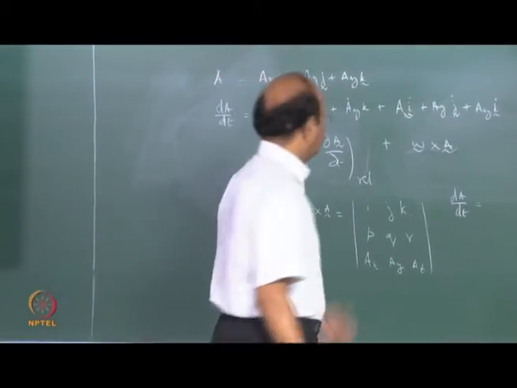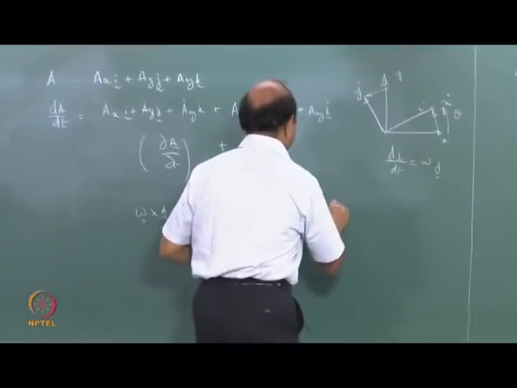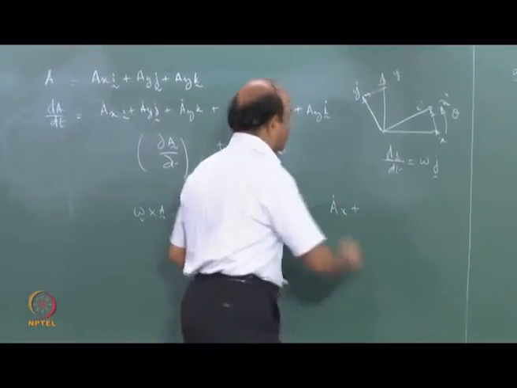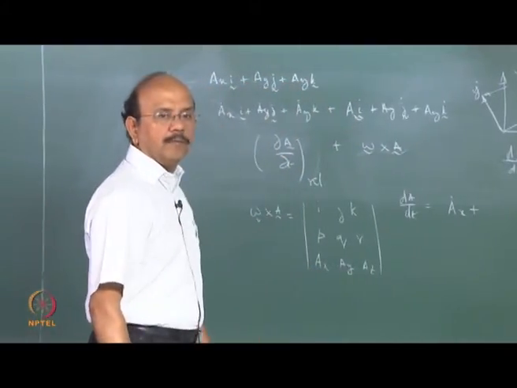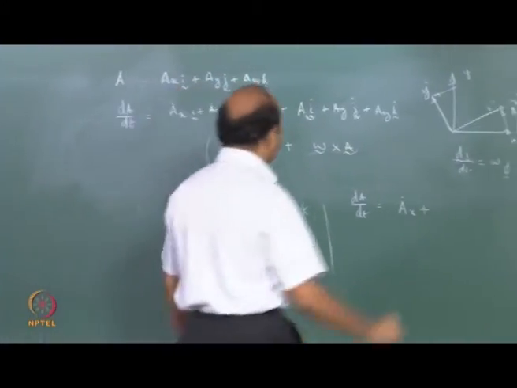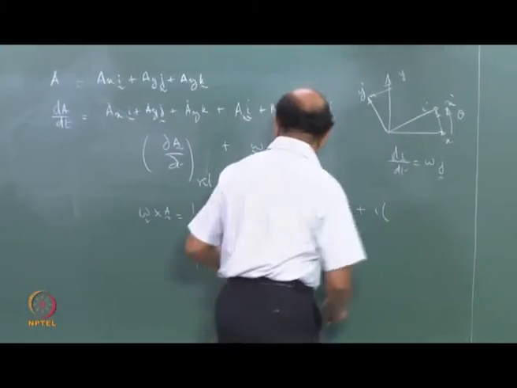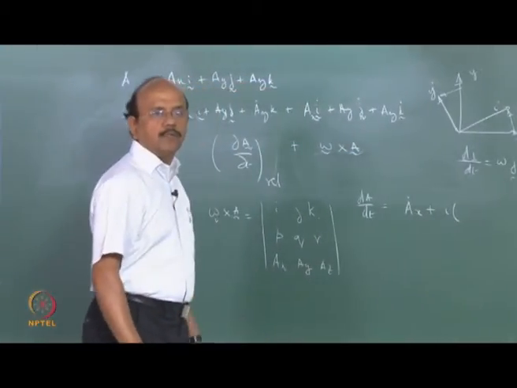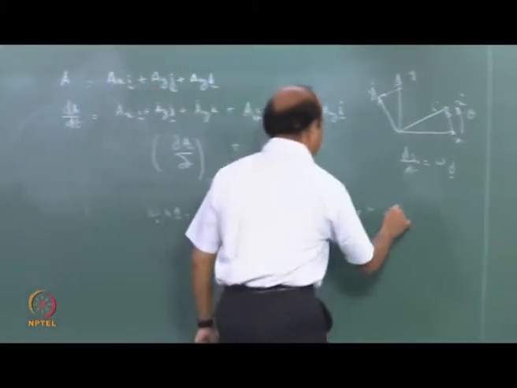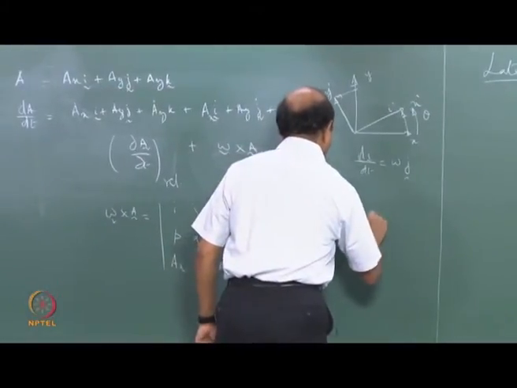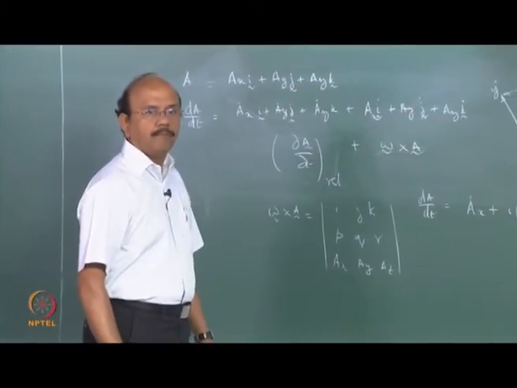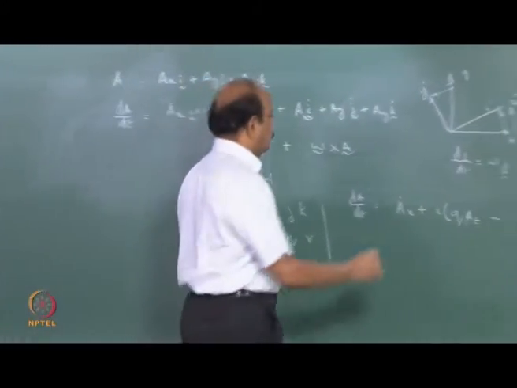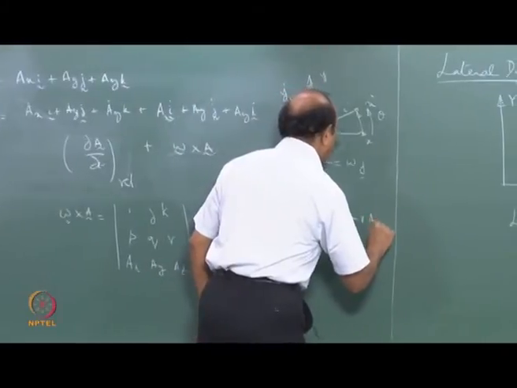So what would happen for i: A dot x, plus, pick that up from there, plus i into (q Az minus r Ay).